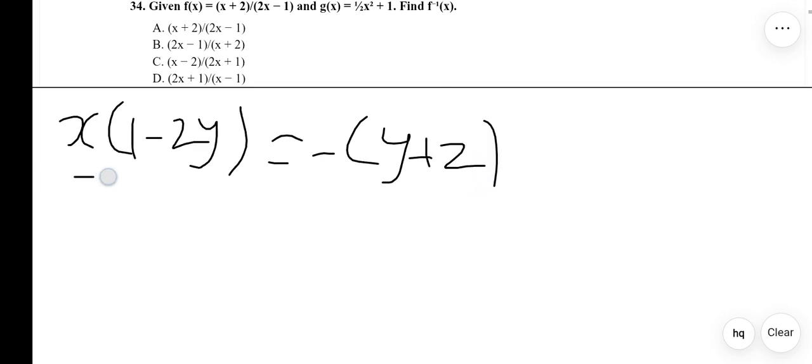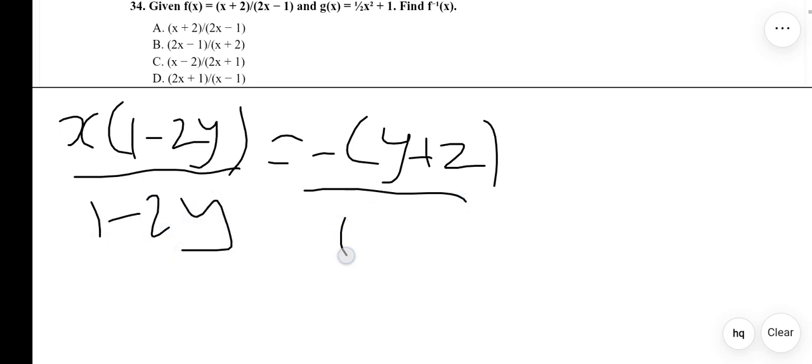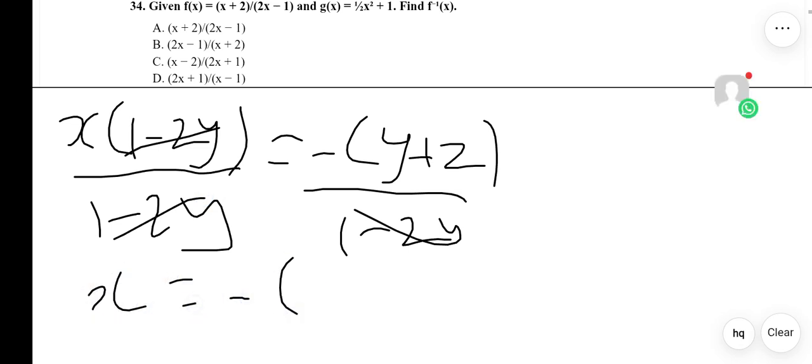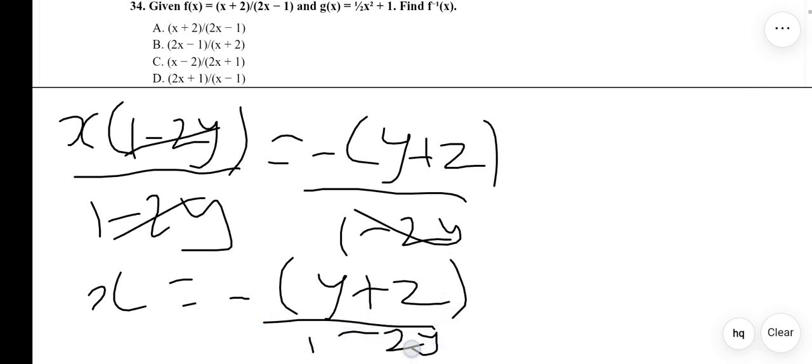And so I have this, so I'll have to divide this by 1 minus 2y. So this cancels this. So my x is into bracket minus y plus 2 all over 1 minus 2y, right?